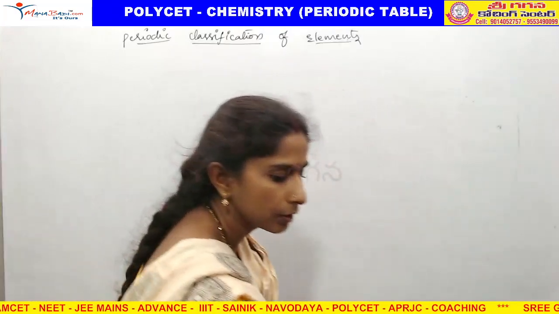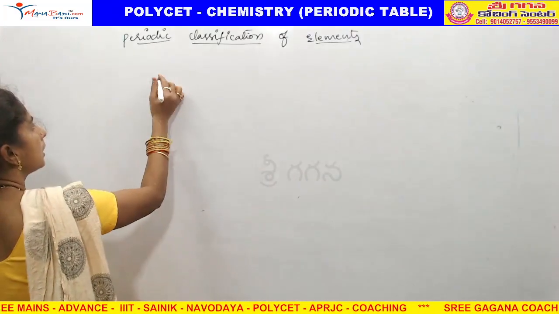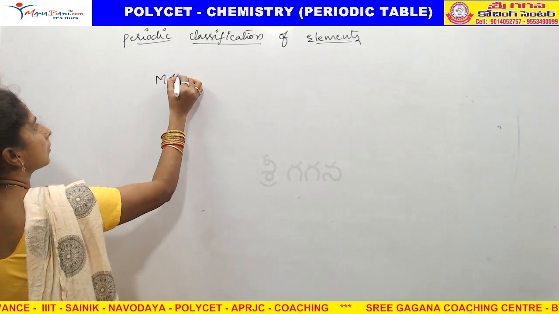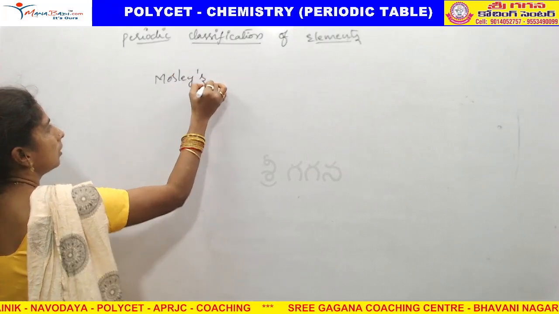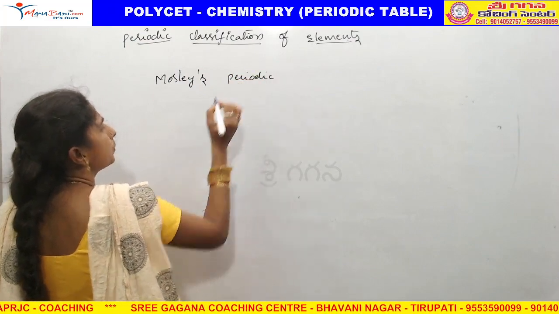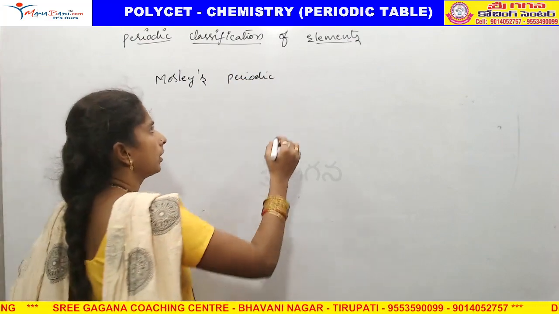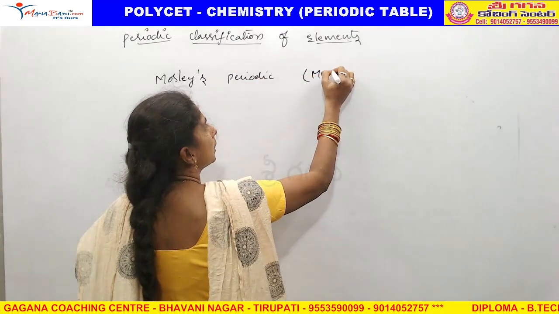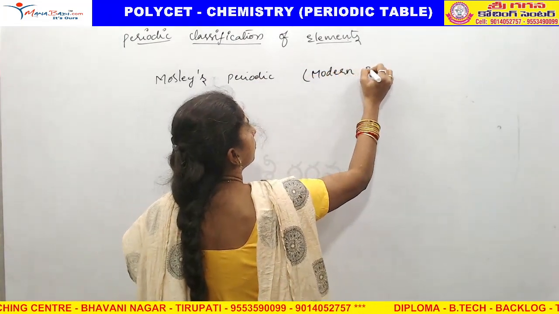The successful periodic table we are following is Moseley's periodic table. This Moseley's periodic table can also be called the modern periodic table.